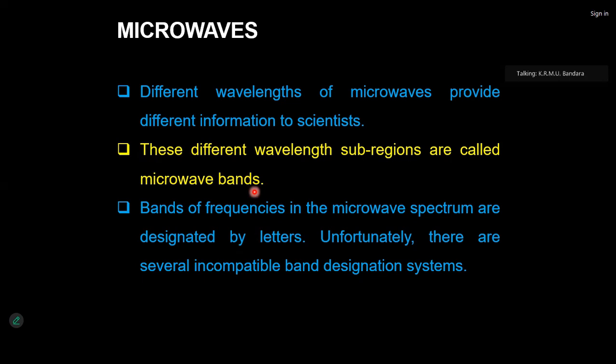Bands of frequencies or bands of wavelengths in the microwave spectrum are designated by letters. But normally in an optical system we say the blue band, green band, red band. We are not using any letters. We can use band 1, band 2, band 3, band 4, numbers.